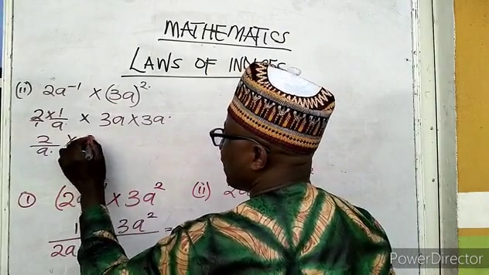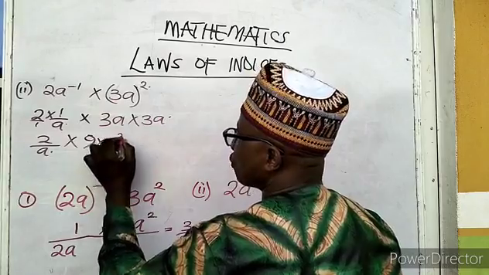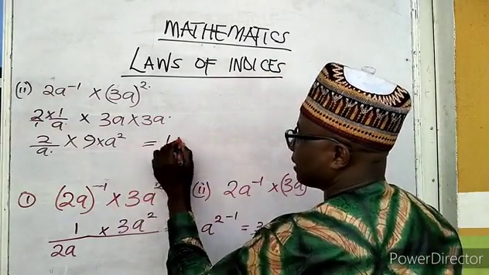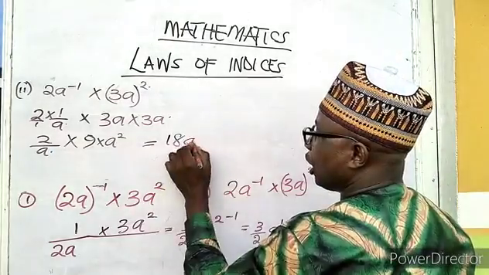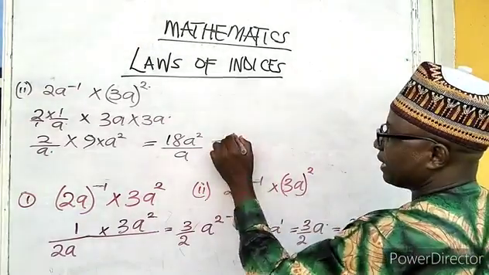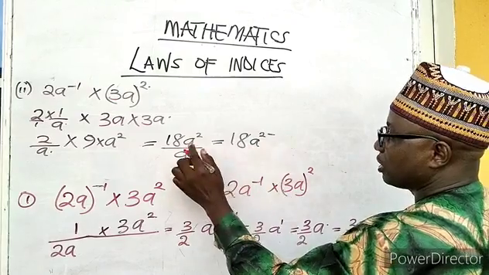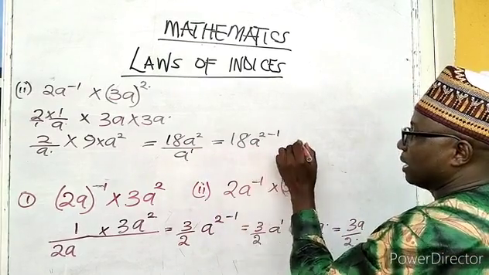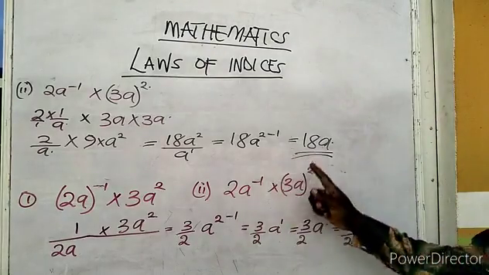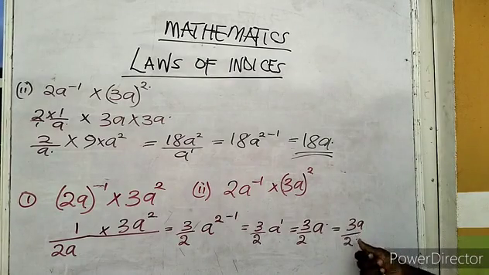This is going to be 9a squared. This one is the same thing as what? We multiply the numbers together, that is 18, a squared all over a. That is 18. This one is a squared minus 1, because this one is the same thing as over 1, and this one will give me 18a. Can you now see that they are two different things? I got 18a. Can you get me 3a all over 2?